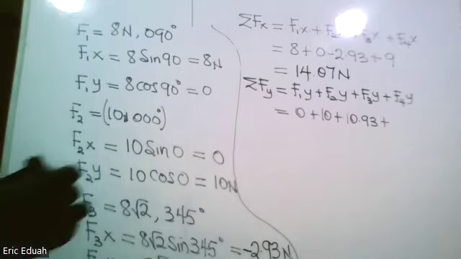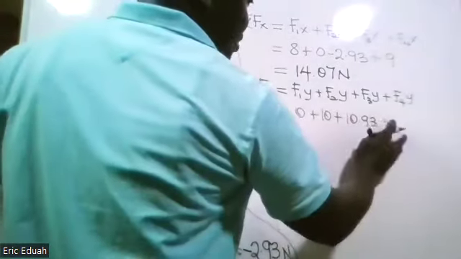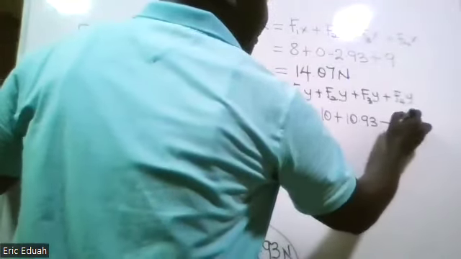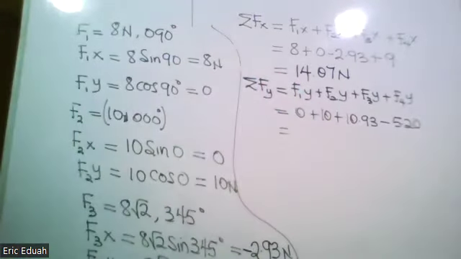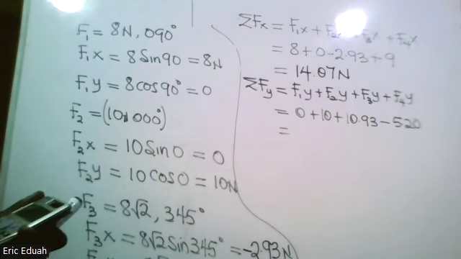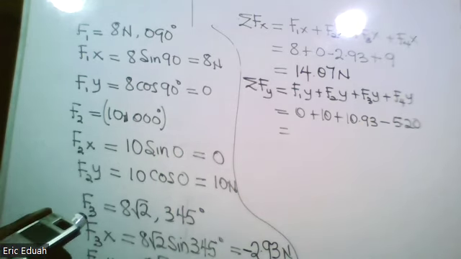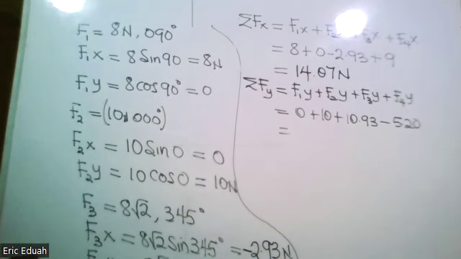F4y, we had minus 5.20. Put everything together, we have 20.93 minus 5.20.